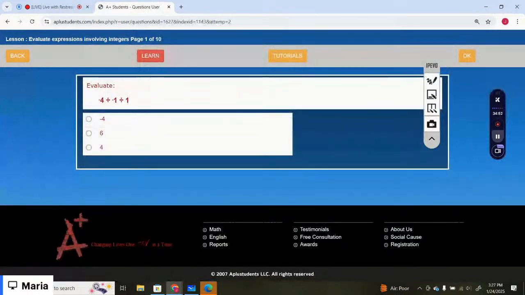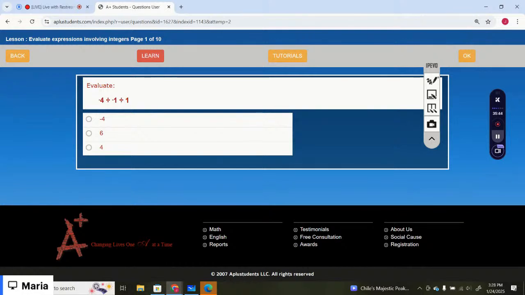Negative 4 divided by negative 1 divided by 1, which is the correct option? Negative 4 divided by negative 1.